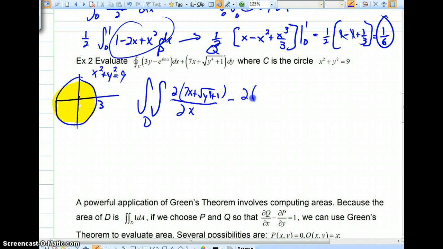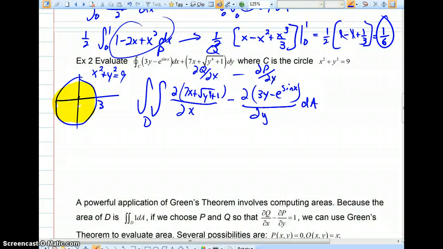Then I'm going to take my partial derivative of P with respect to y. So up here is the partial derivative of Q with respect to x minus the partial derivative of P with respect to y. These partial derivatives work out rather nicely.